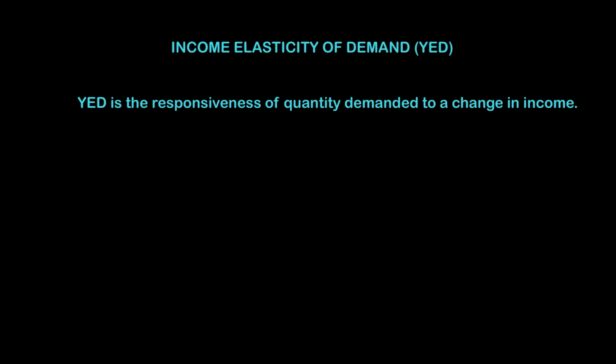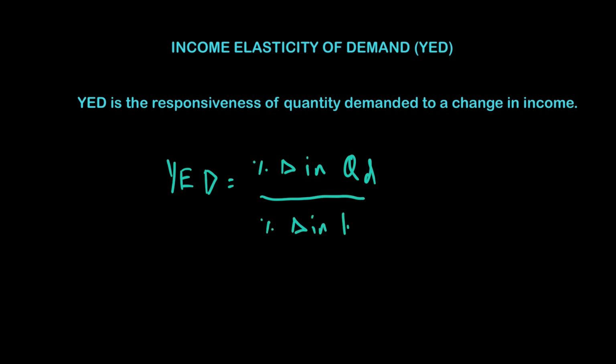So when you look at the formula, YED's formula is very similar to PED's formula. It is percentage change in quantity demanded over percentage change in income. So we're looking at how, when your income goes up or down, demand for goods changes.